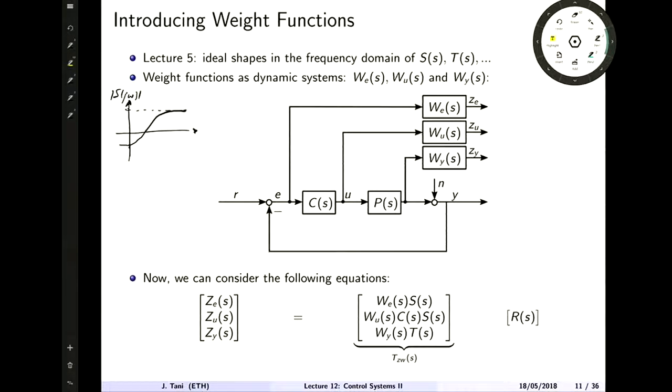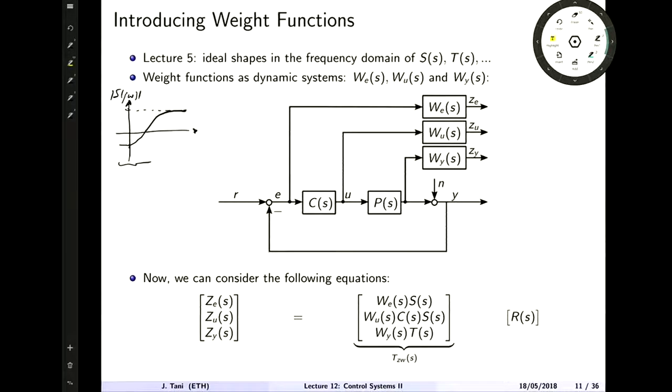Now, what is the problem if we just optimize that? We have no clue what's going on here, right? So in this area here, S of s could be anything. So if we optimize the infinity norm of this thing, it will push down on the right-hand side, but here at low frequencies, we have no clue what's going on.